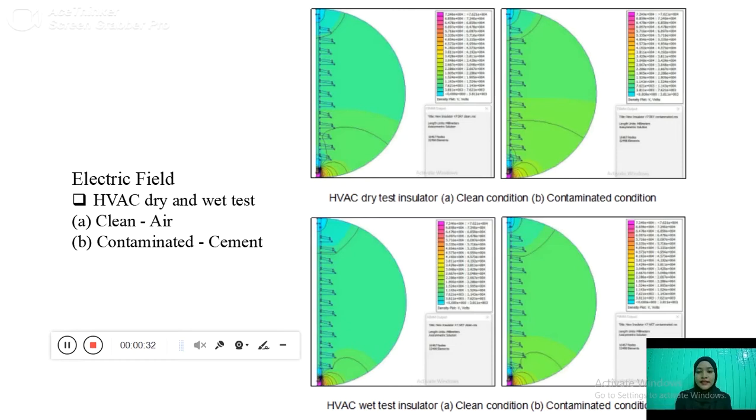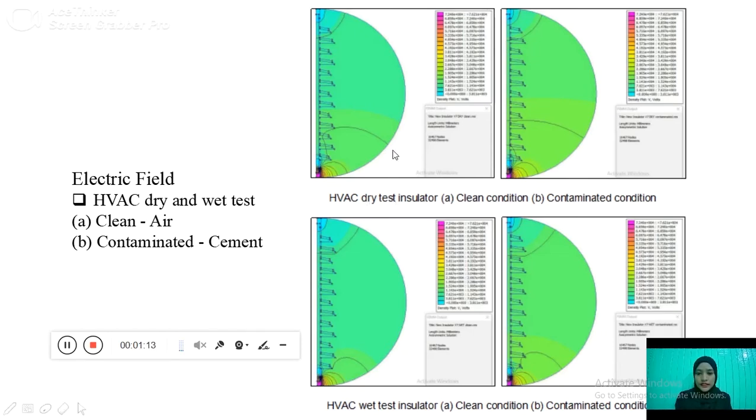For the dry test insulator, we can see the contaminated condition has the highest electric field compared to the clean condition, and we can see here at the low end it has more electric field since we apply 132 kilovolt at this area, while this area has the lowest electric field since it is the ground and it has 0 kilovolt as the voltage value.